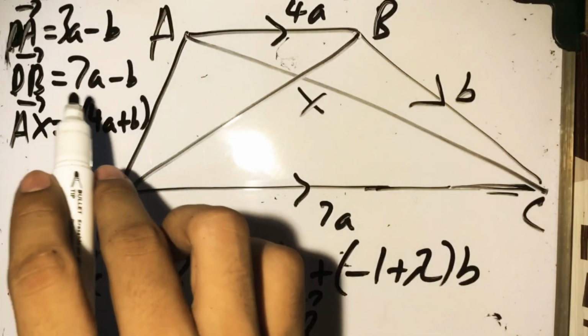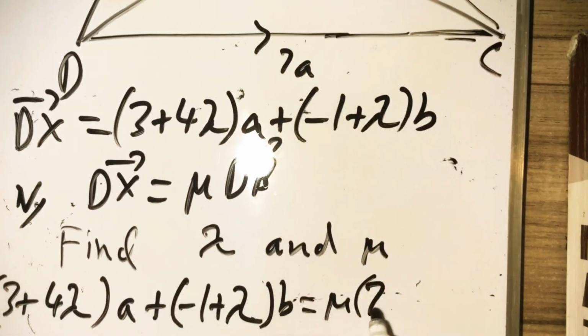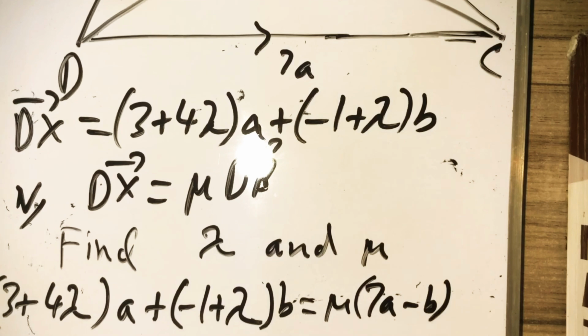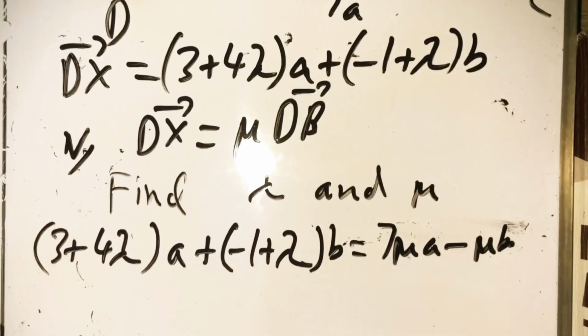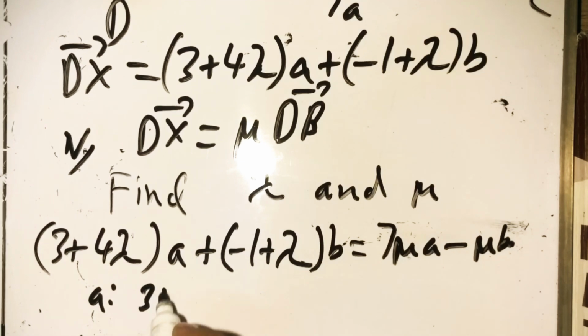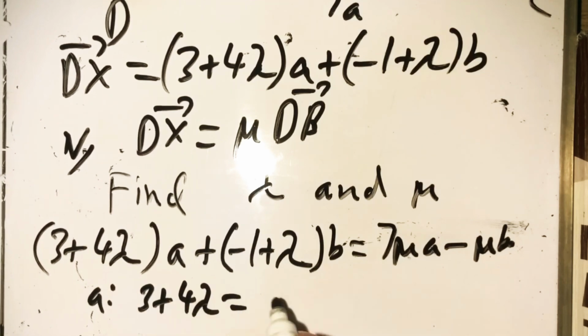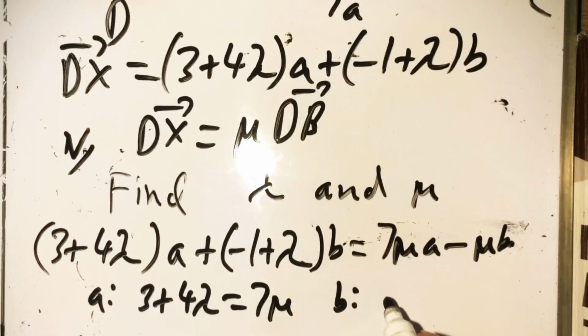Now DB we found as 7a minus b. This can also be written as 7 nu a minus nu b. Now we'll compare the coefficients of a and b. First comparing the coefficients of a, so 3 plus 4 lambda equals 7 nu. Then comparing the coefficients of b, lambda minus 1 equals minus nu.